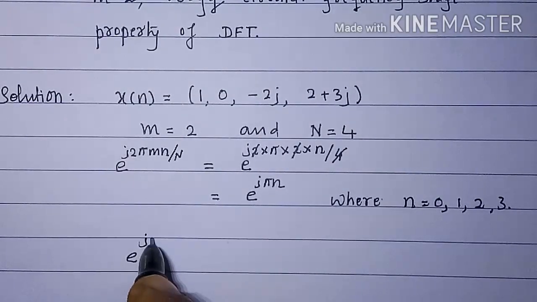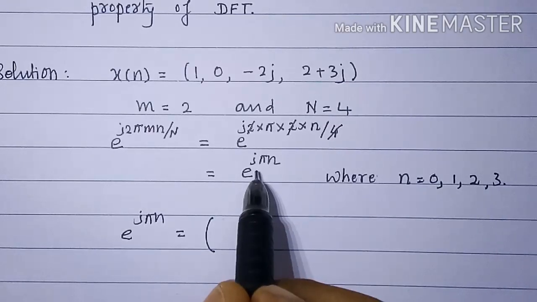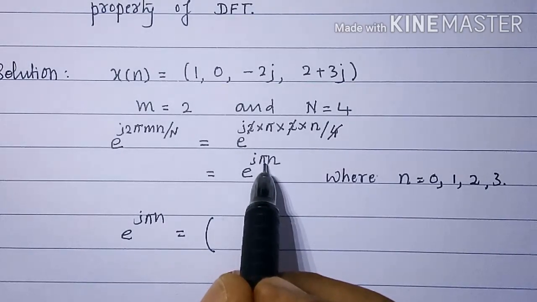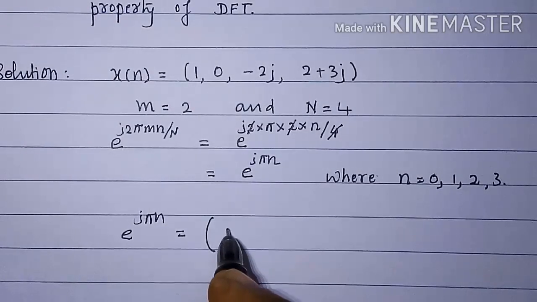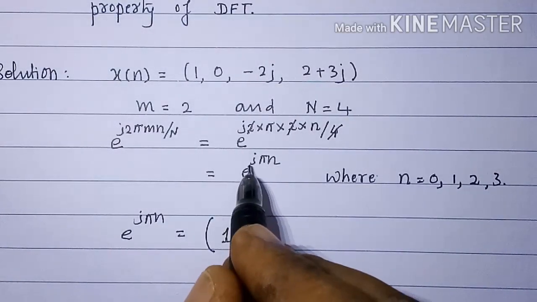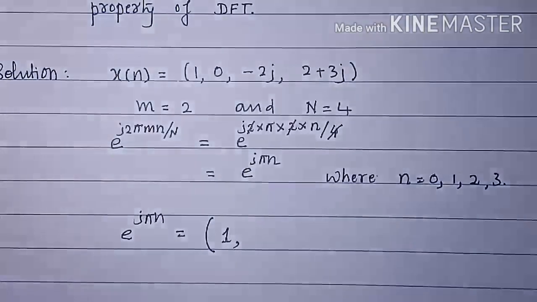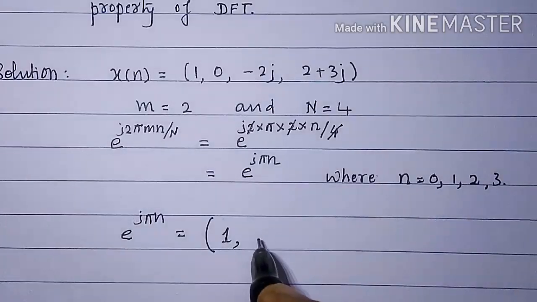So, e raised to j pi n is equal to, if I put n equal to 0, e raised to 0 is 1. If we put n equal to 1, e raised to j pi means cos of 180 degree, that is minus 1.